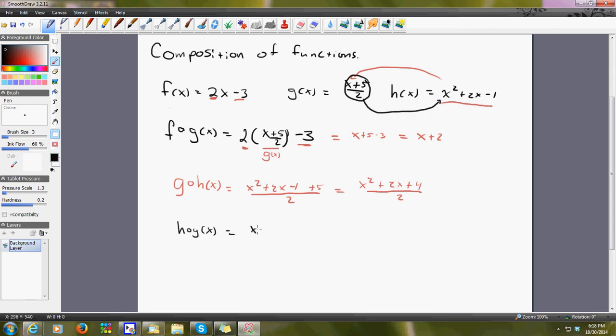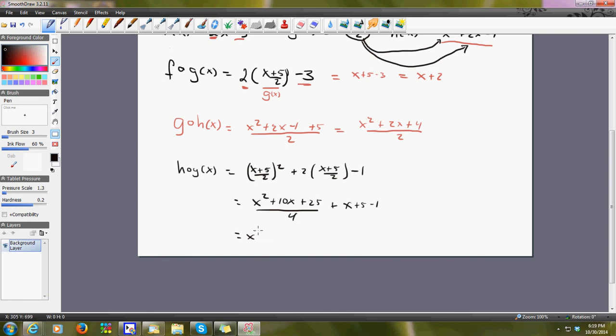So I get ((x plus 5) over 2) squared plus 2 times (x plus 5) over 2 minus 1, and that's going to be (x squared plus 10x plus 25) over 4 plus, well, those 2's will cancel out, so I'll get x plus 5 minus 1.